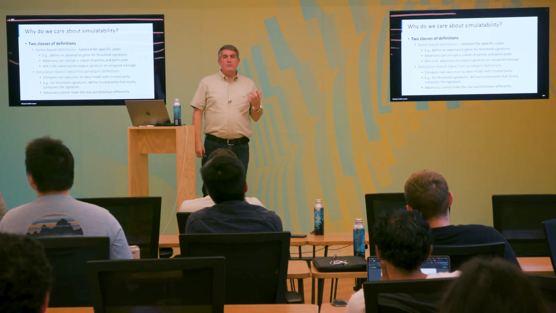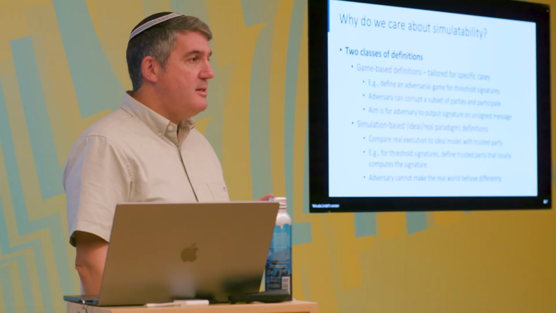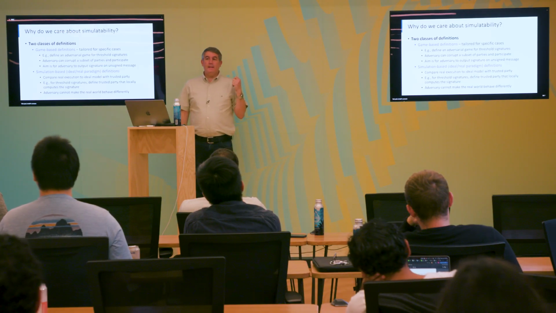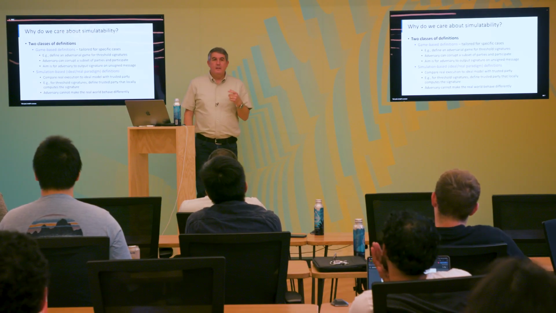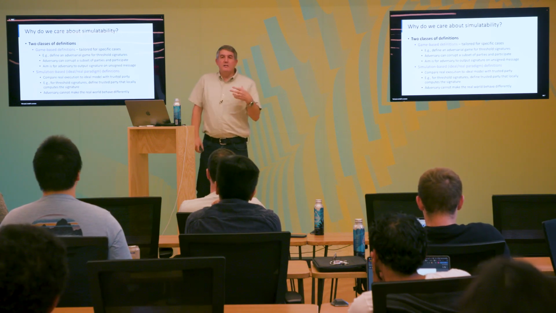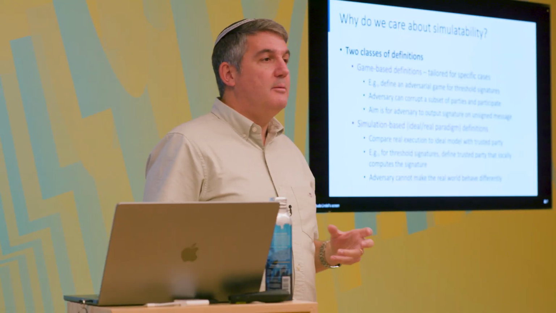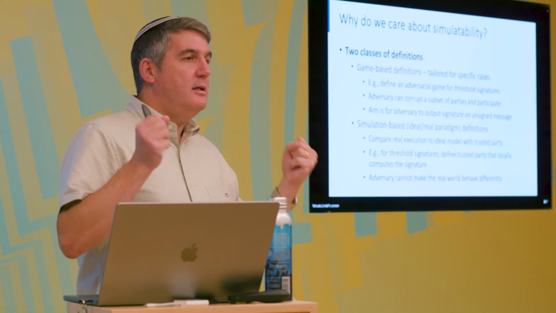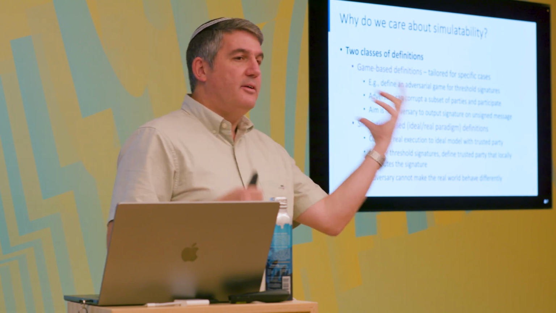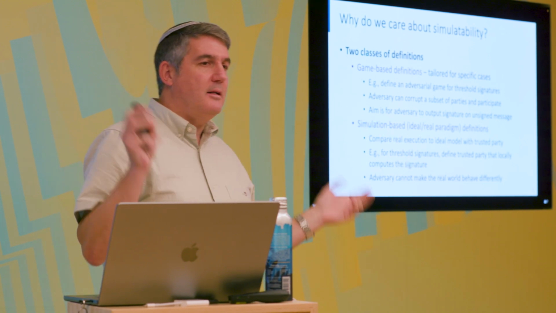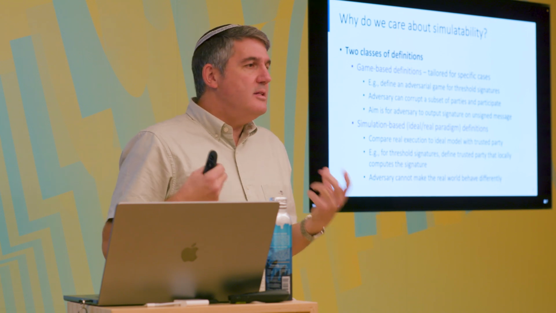One of the rationales for using simulation-based definitions is that a very simple and clear ideal functionality is a very convincing security definition. So if I have a simple ideal functionality which says, parties give me key shares, I verify that they're correct relative to the public key that they also sent me, I sign on the message and send back the signature, then this is very, very convincing.